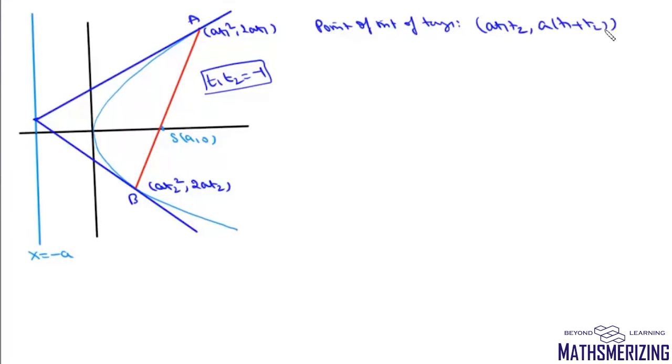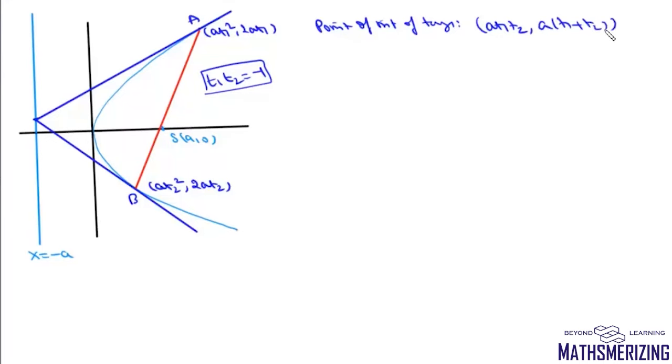So d will be, we'll put the values of x and y, (y1² − 2a x1 − 2a x1) upon the square root of (y1² + 4a²). We can write this as y1² − 4a x1, which is nothing but s1. So it is s1 upon the square root of (y1² + 4a²).